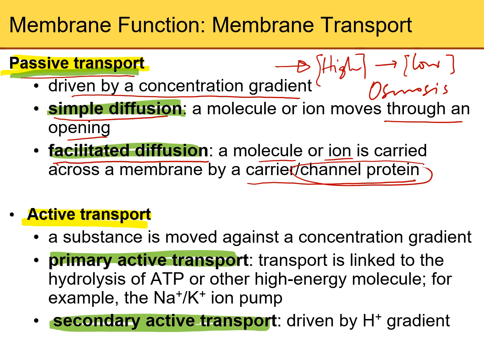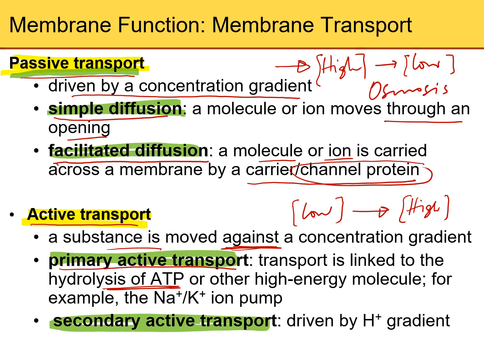The opposite of that is active transport. In active transport, the hallmark is that the substance is moving against a concentration gradient, from low concentration to high concentration. This is just the opposite of moving down the gradient. It is linked to hydrolysis of ATP, to energy usage. This is called primary active transport.